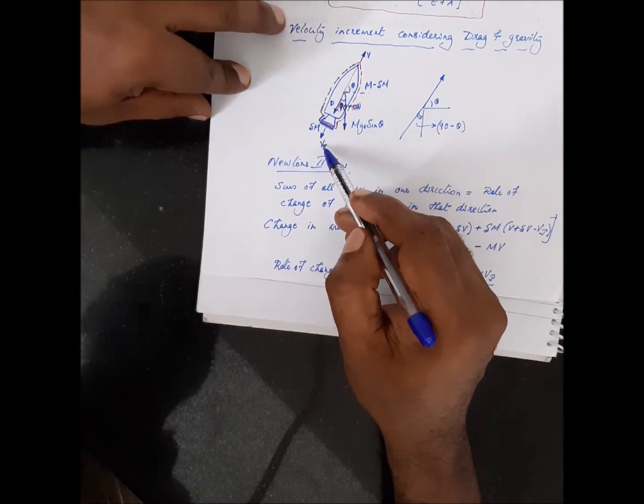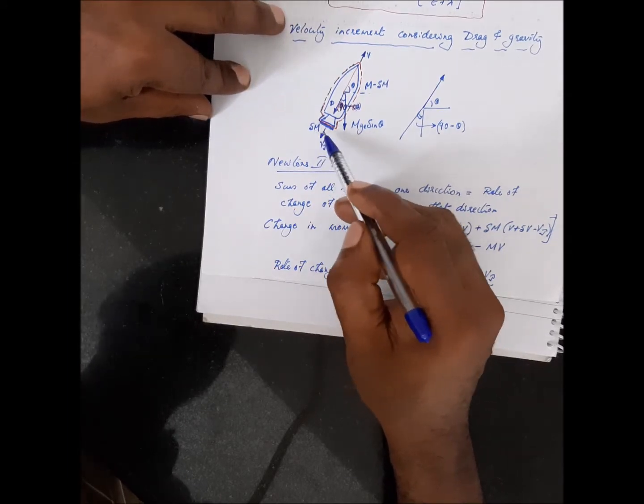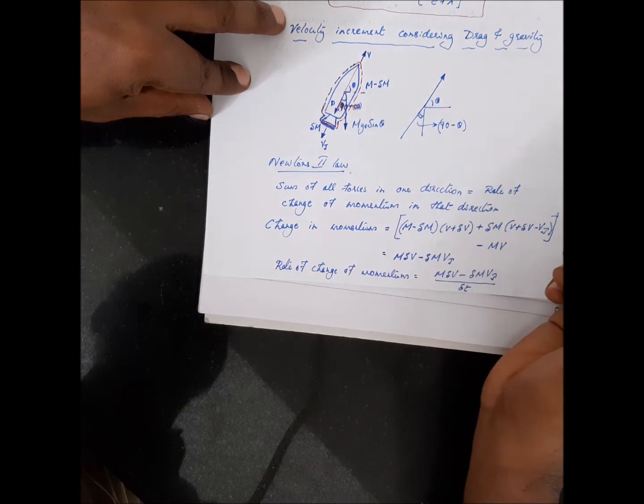And as usual, Vj: delta M mass is ejected at the ejection velocity Vj.